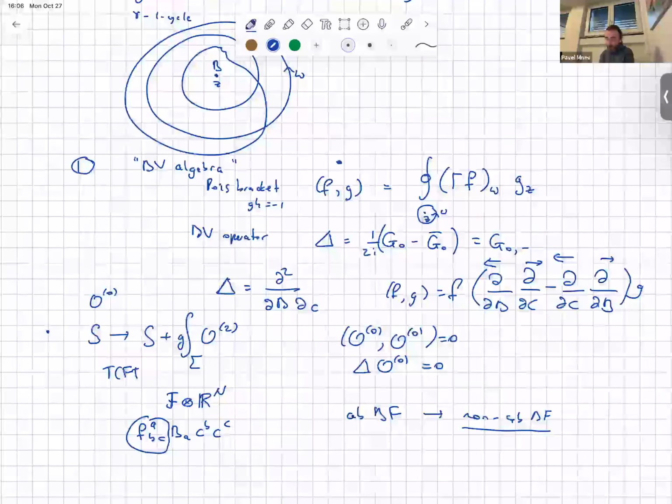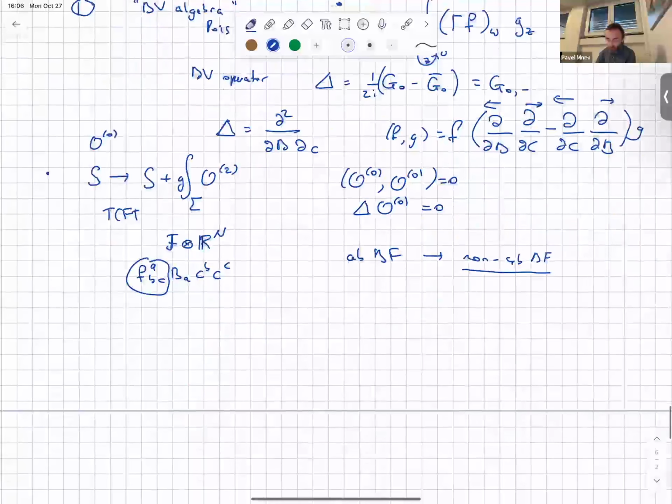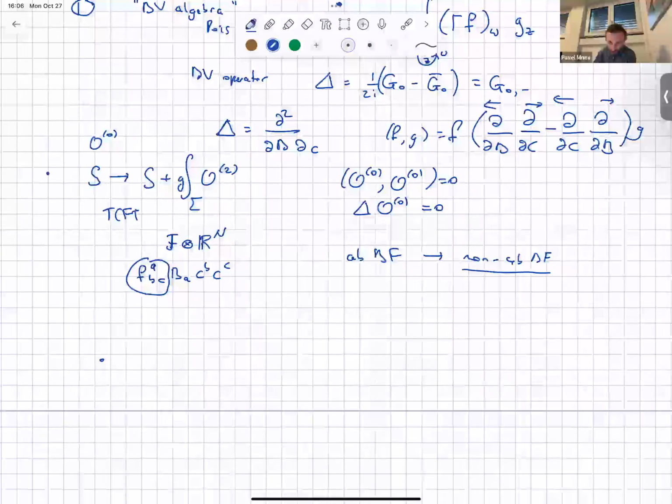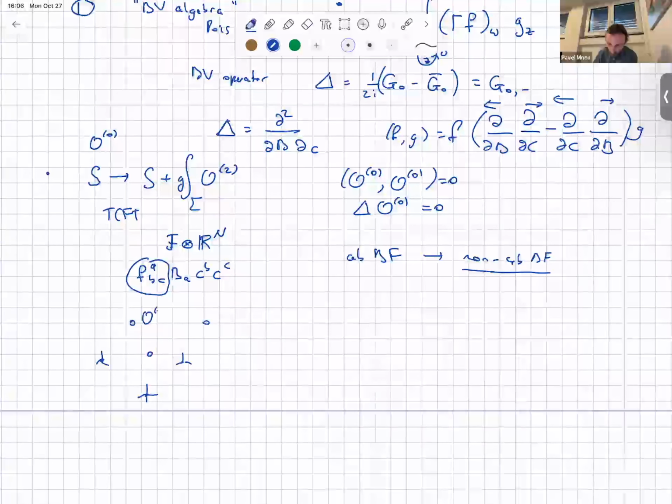Things are harder to study there. You can calculate correlators, but essentially the correlators are given, again, by Feynman graphs, but they will have several fixed vertices where your observables or your fields are plugged in. But they also will have several moving vertices which need to be integrated out, and those correspond to several copies of O2.